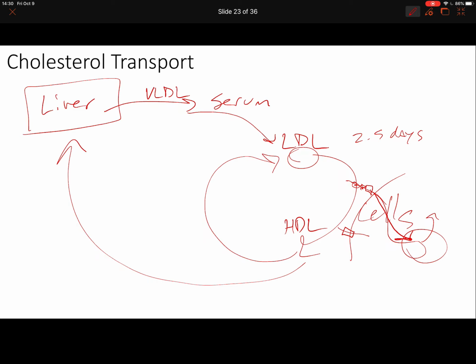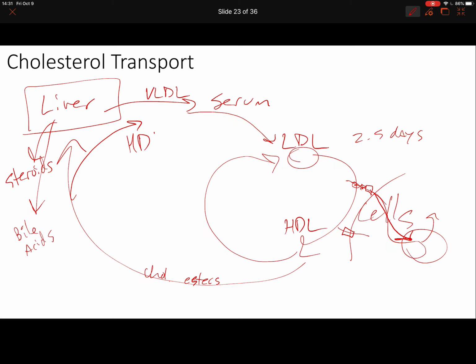So it's really transporting it as the esters, and it gives it back to the liver. Those esters are then used for the synthesis of steroid hormones and bile acids and everything else. And then after the HDL has delivered its cholesterol esters to the liver, it re-enters circulation. So that's sort of the transport.